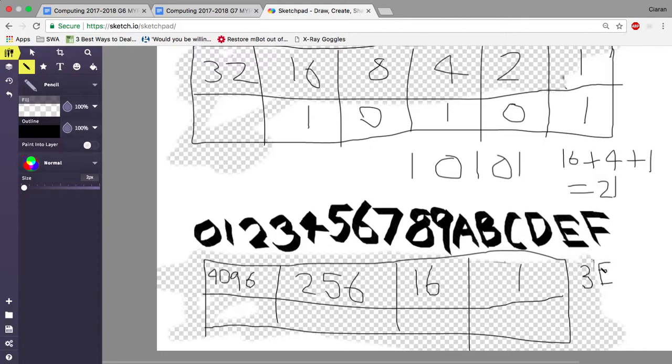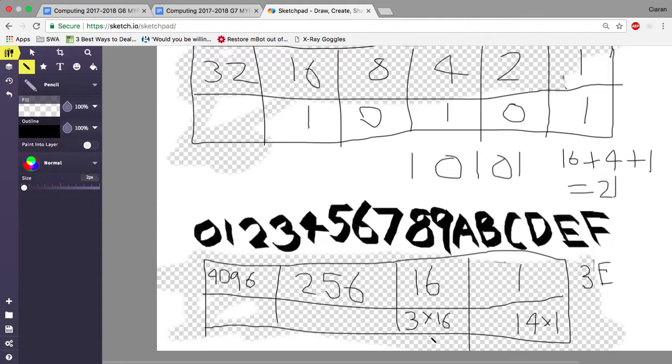So E is the equivalent of 14 in hexadecimal. Therefore, we put a 14 in our first column because E is the far right. We also know that 3 here simply represents 3, so we put a 3 here. However, we have to multiply this 3 by this number. So we multiply 3 by 16, and of course we multiply 14 by 1.